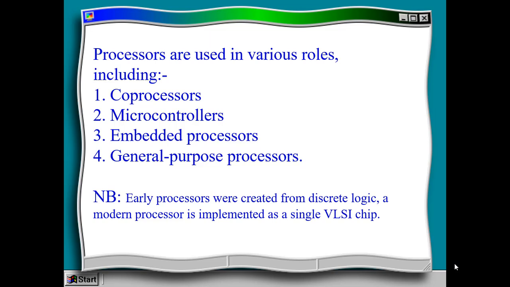We can start with the first one, which is a core processor. A core processor operates in conjunction with and under the control of another processor. A core processor consists of a special purpose processor that performs a single task at a high speed. A good example of a processor that uses a core processor is the floating-point accelerator, to speed up the execution of arithmetic operations.